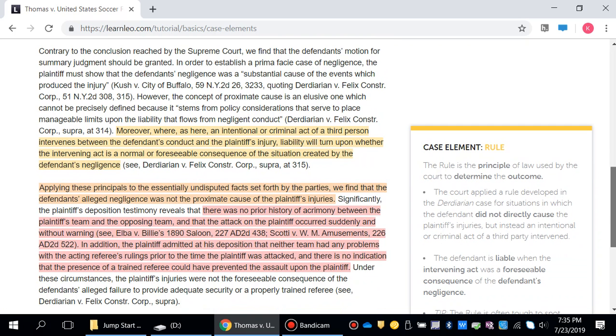So if we click here, the court applied a rule developed in this prior case, Dr. Darian. This is a citation. You'll learn about that in legal practice. You don't have to worry about that now. For situations in which the defendant did not directly cause the plaintiff's injuries, but instead an intentional criminal act of a third party intervened. Much clearer, because the person took the time to figure out, what does this really mean?